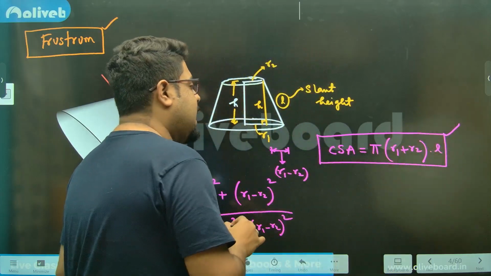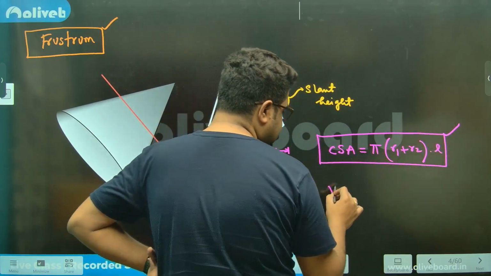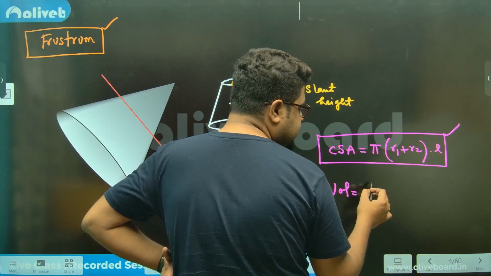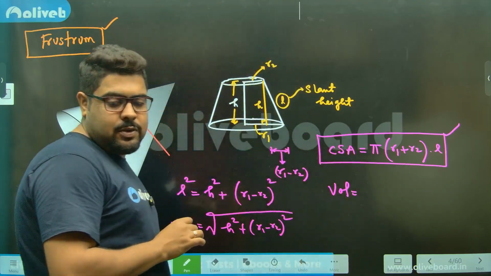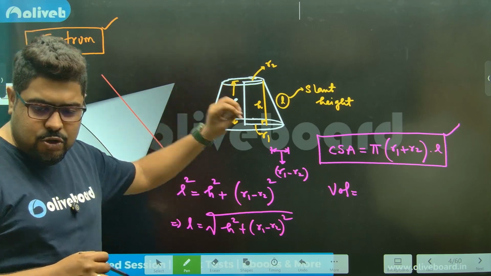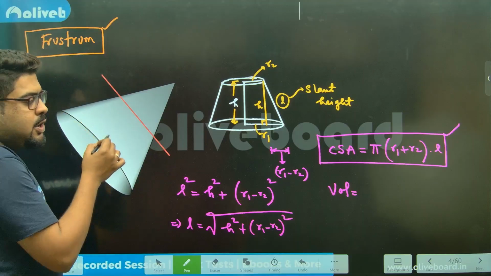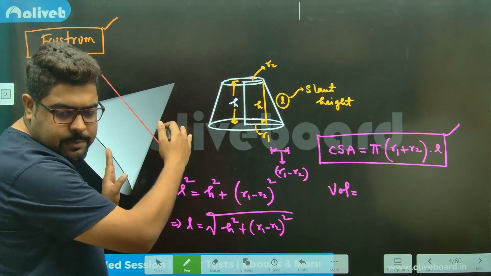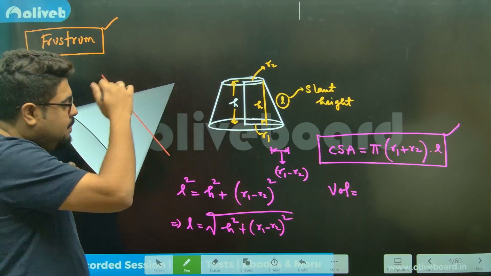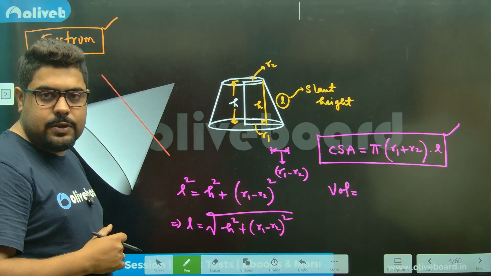And the volume of a frustum. This is a very interesting formula. I'm not showing you the proof, but this is how it comes. The volume of this part is the volume of the biggest cone minus the volume of the smaller cone.